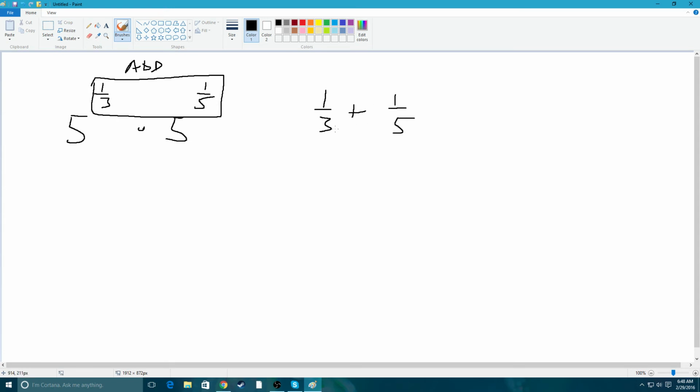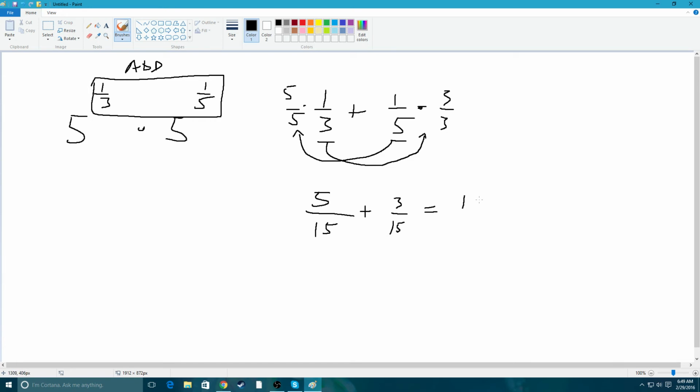The way you add fractions to get common denominators is you multiply each fraction top and bottom by the other denominator. So this is times 5 over 5, and this is times 3 over 3. Your new fraction becomes 5 over 15 plus 3 over 15, for a grand total of 8 over 15. So your answer is 5 to the 8/15.